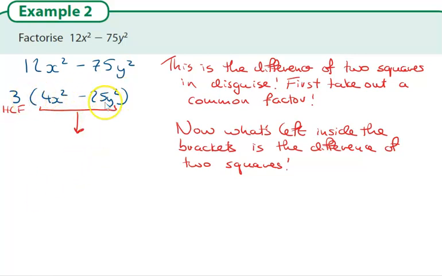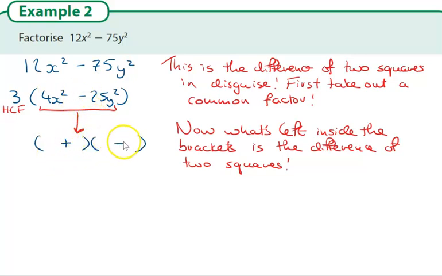Now what's left inside the brackets is the difference of two squares. So we have a minus for difference. 4 is a square number, x squared is a square number, 25 is a square number, and y squared is a square number. So we have the difference of two squares inside of the brackets. So this is why I said the difference of two squares is in disguise, because it's hidden inside of a different question.